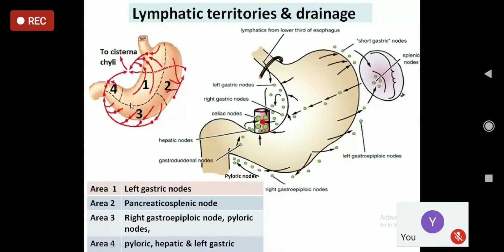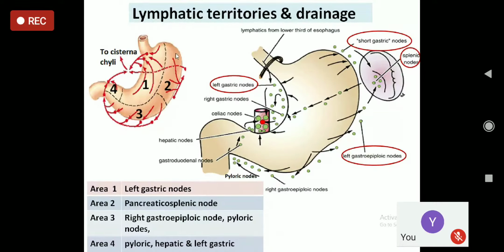The lymphatic drainage from area 1 drains along the left gastric artery into the left gastric lymph node. So this is area 1 draining into the left gastric lymph node. Then area 2 corresponds to the upper part of the greater curvature and fundus of the stomach.